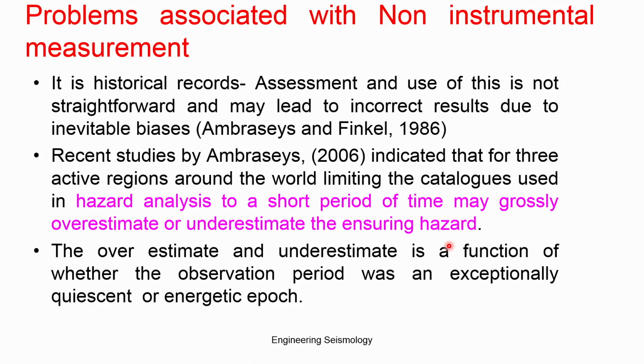There is no proper measurement, and the damage description is also qualitative, which depends on the person and keeps varying from case to case. The overestimate or underestimate is a function of whether the observation period was exceptionally quiescent or energetic. These are some of the things we have to remember when we talk about this kind of non-instrumental record.